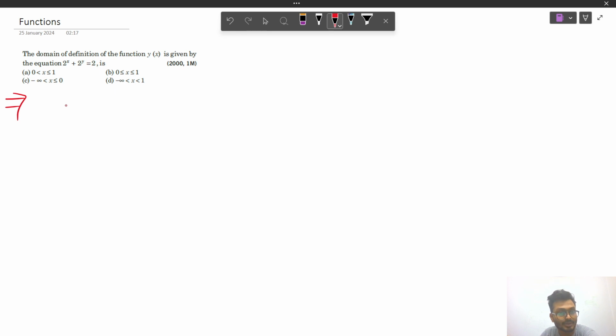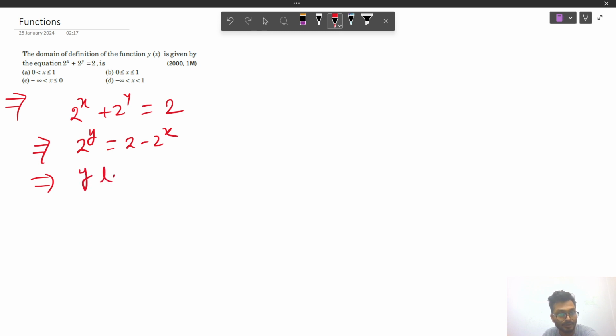This is an equation: 2 to the power x plus 2 to the power y equals 2. Now we have to find the region for x. So let's first find y. So 2 to the power y equals 2 minus 2 to the power x. Taking log with base 2 on both sides, we get y times log 2 base 2 equals log 2 base of (2 minus 2 to the power x).